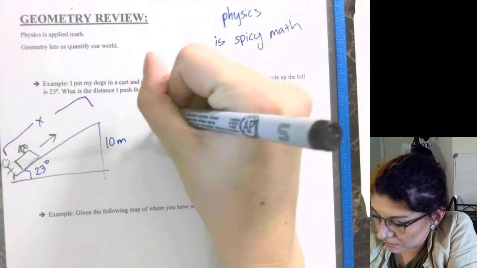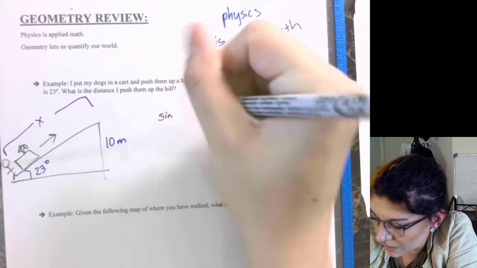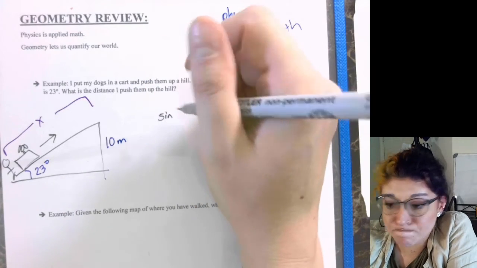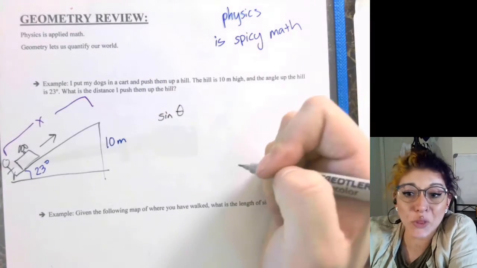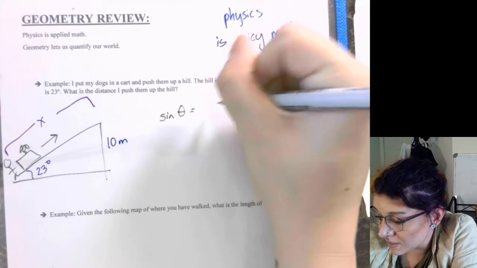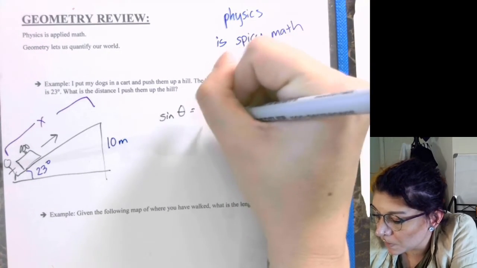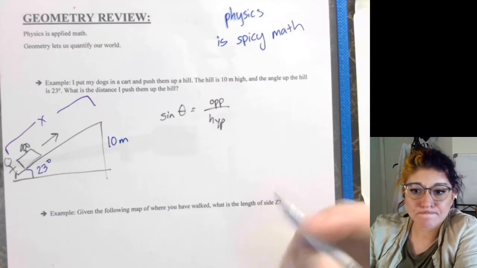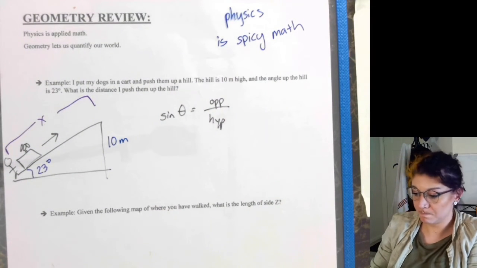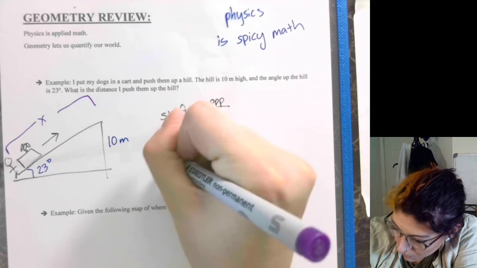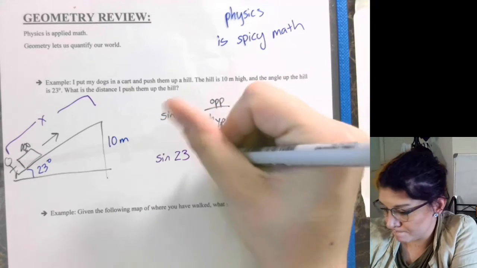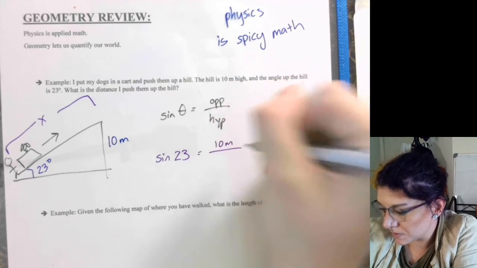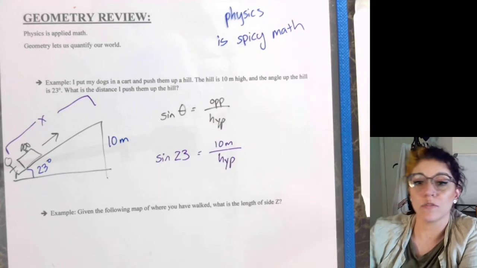So what I know is sine of some angle, and I'm going to use the symbol theta for that, is equal to opposite over hypotenuse. So I'm going to plug in values. So sine 23 equals 10 meters over hypotenuse.